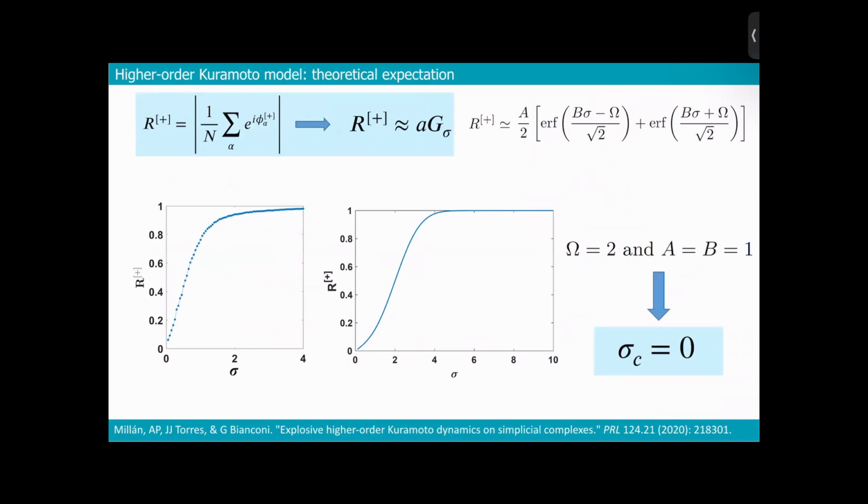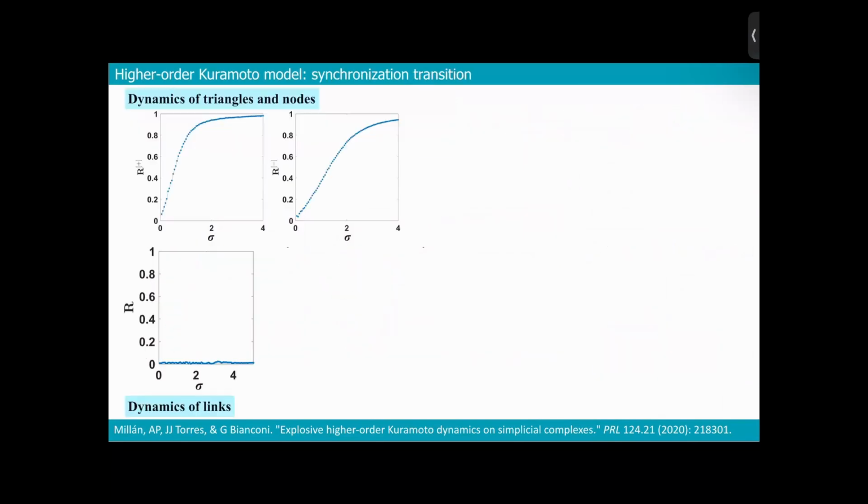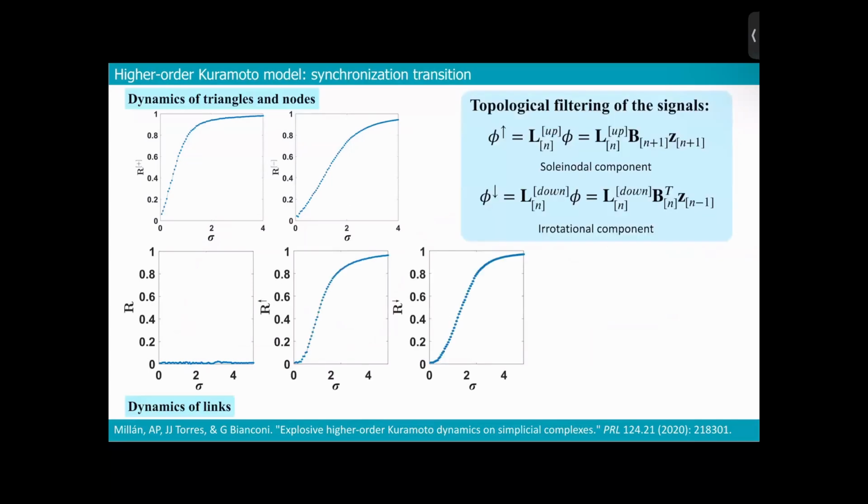So we are then seeing the synchronization transition when we go to nodes, when we go to triangles, but not yet at the links, which were our original space. But we can do this just by applying a topological filter, right? So if we filter the original signals by the up and down Laplacian, then we keep either the solenoidal or the rotational component, and we can see that they do synchronize.